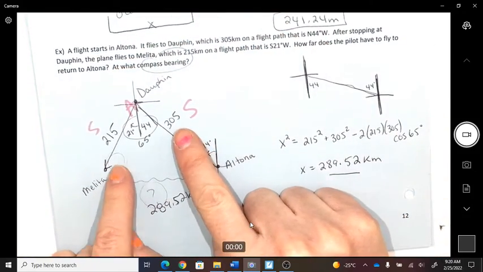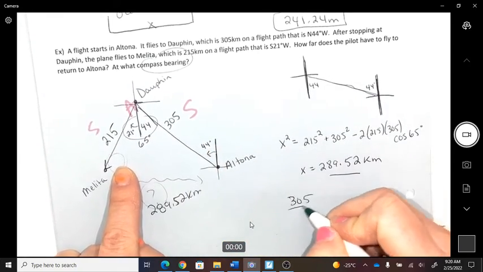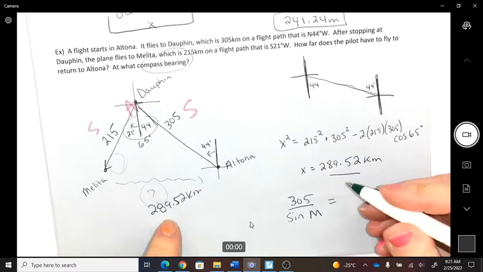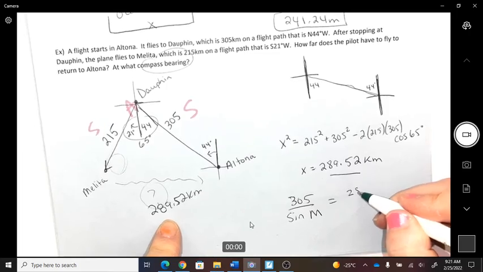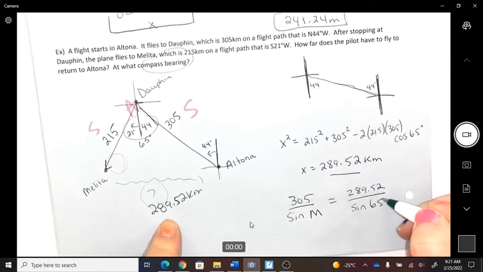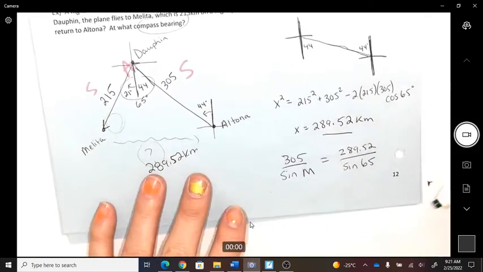So I'm going to go sine law. So I'm going to go 305 across from sine. I'm going to call it M for Melita. And then I can go with the 289 across from 65 degrees. So now I'm going to work with pairs.